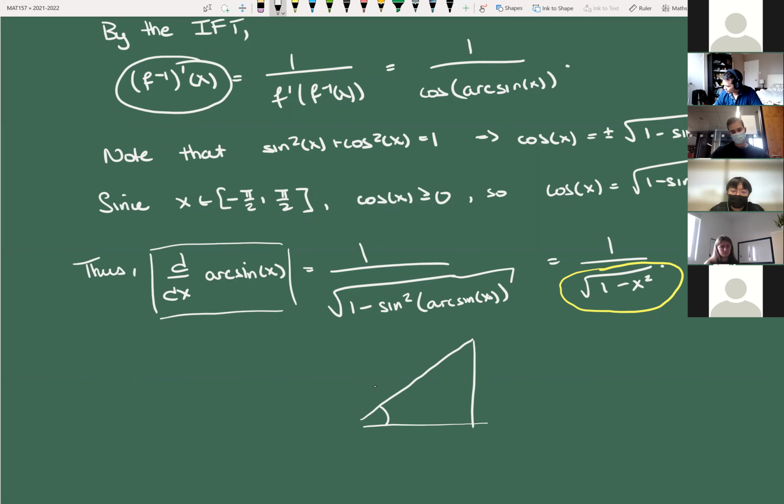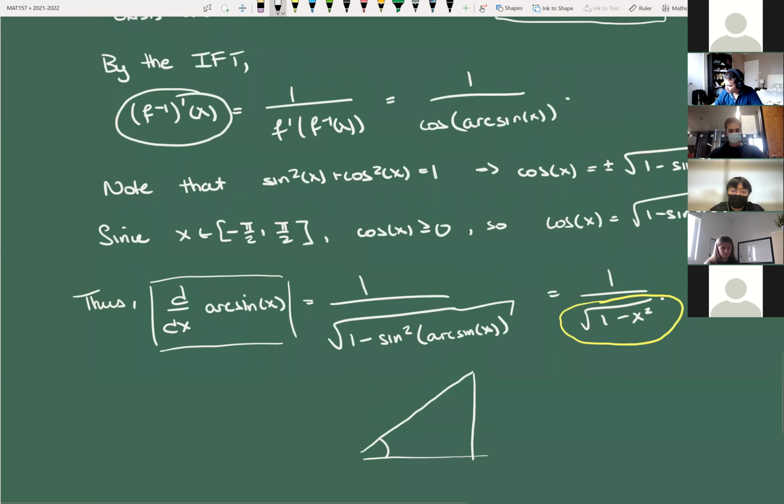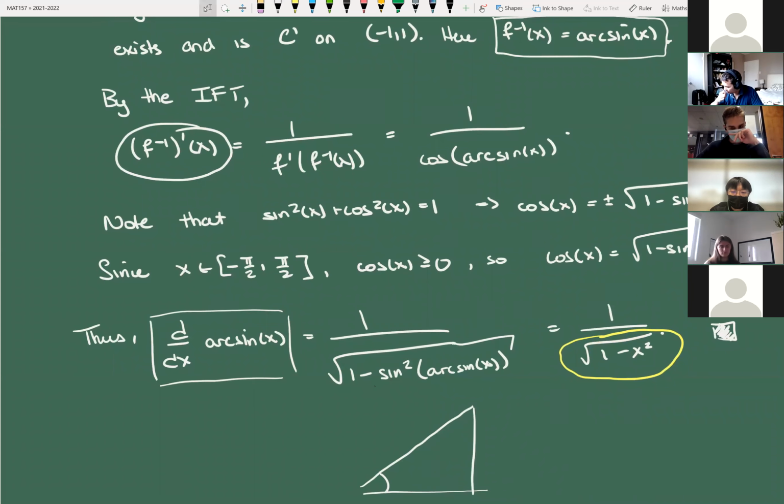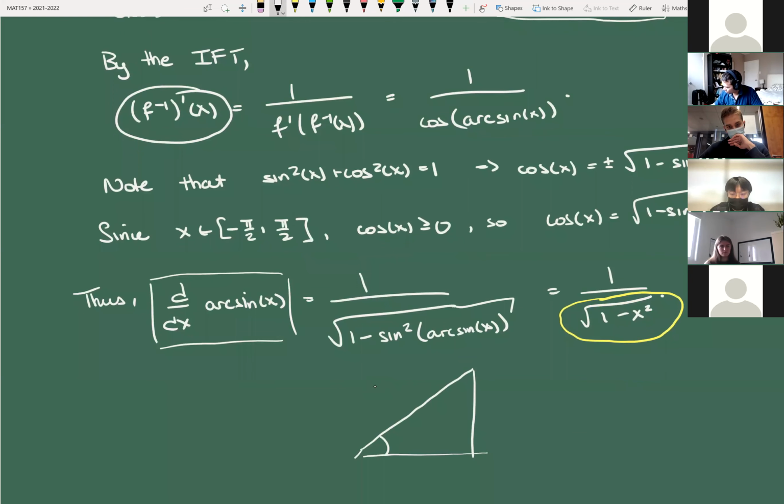What do I want here? So we have y is equal to sine x, right? So what do I want? So 1 minus, so this is going to be 1, and then I think I want this to be x, right? And then in which case this is 1 minus x squared.